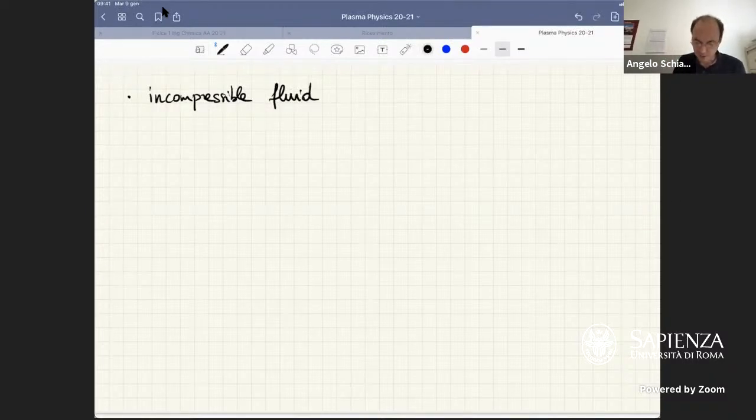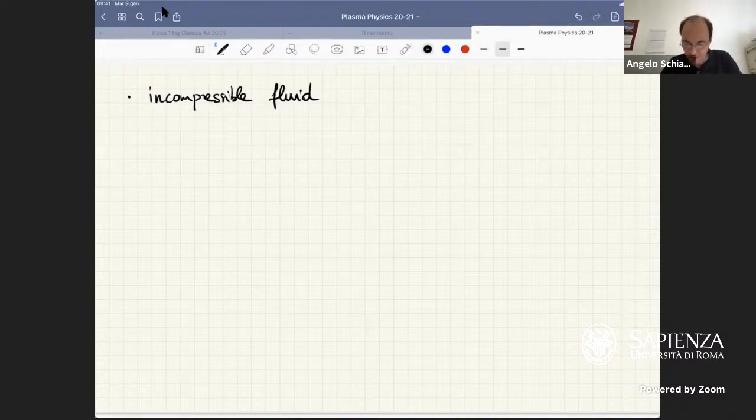What does it mean that the fluid is incompressible? It means that the fluid lines, the velocity lines of the fluid, are not converging or diverging. They are not focusing to a point, which means compressing the fluid elements, nor diverging, which means rarefacting.